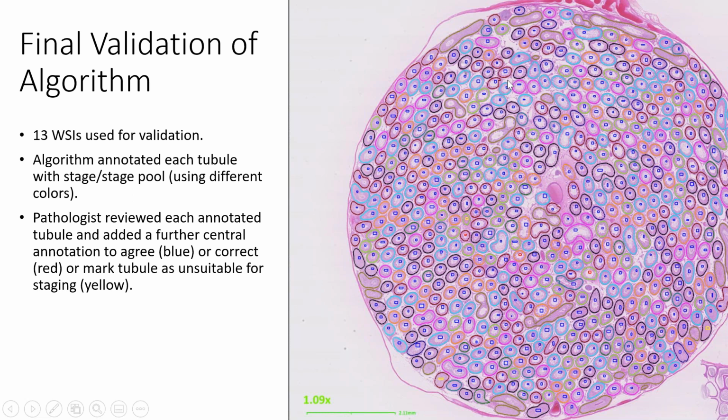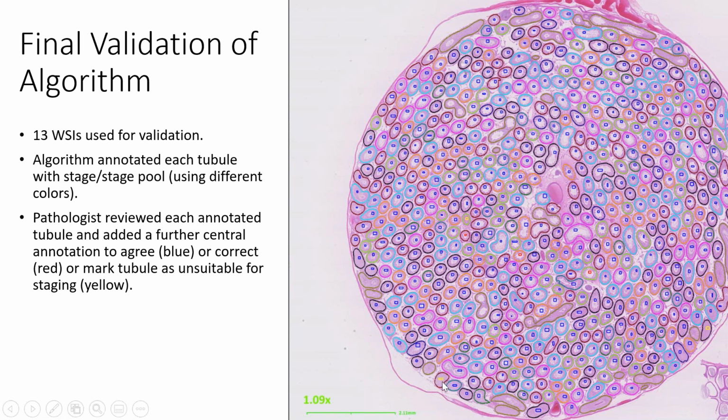I would then go through, look at the stage, decide whether I agreed with it or disagreed with it. If I agreed with it, I would just put a blue square in the middle of the tubule. If I disagreed with it, if it was just too far away from what the algorithm was calling, I would put a red square in it and I would correct the stage.